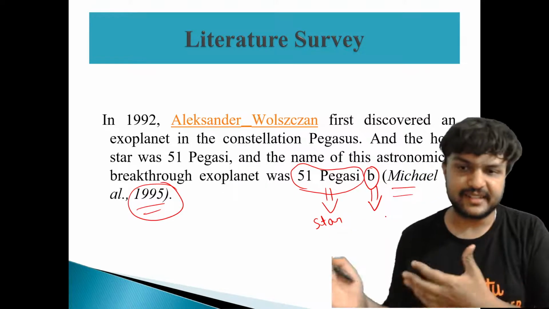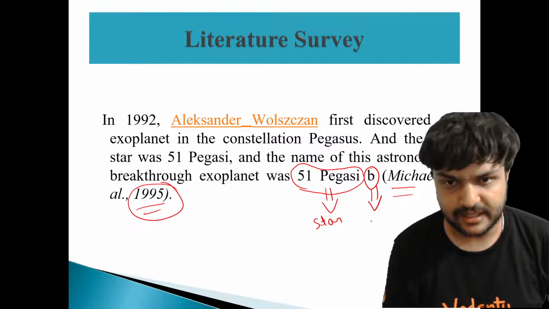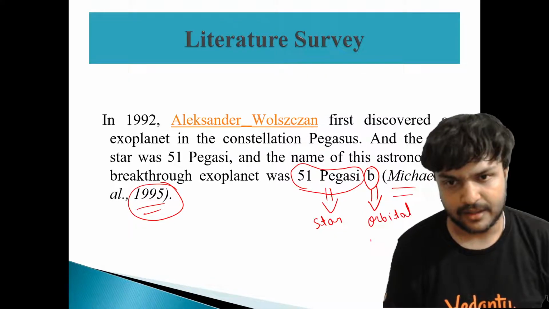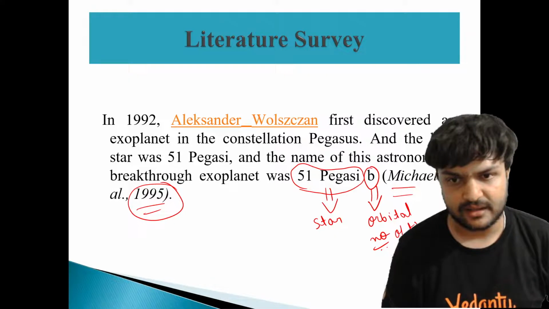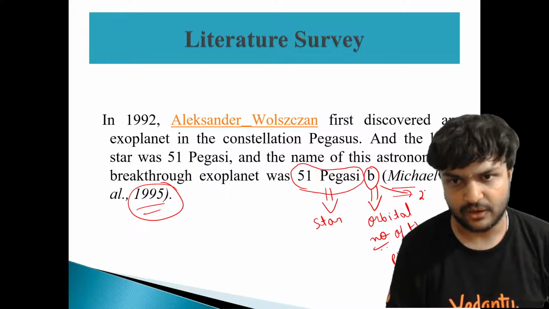I'm just telling you as an example how the orbits work. So this is basically the orbital number of the planet. So you can know this is in the second orbit.